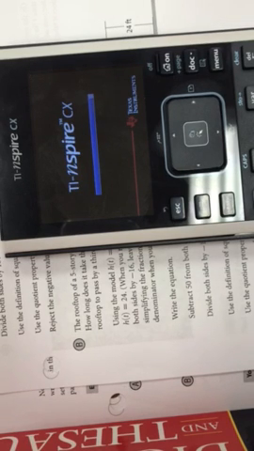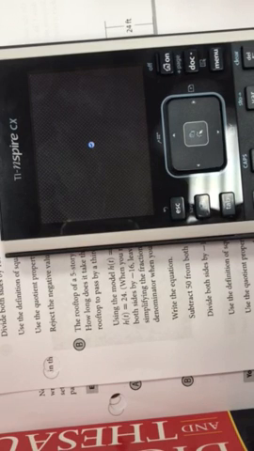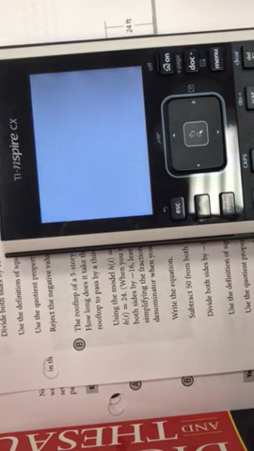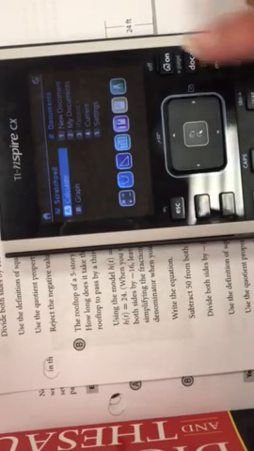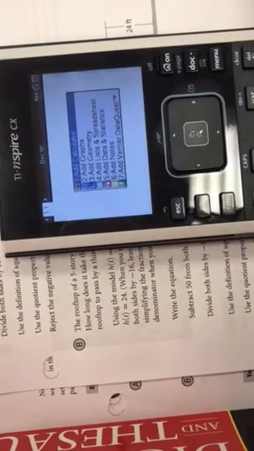Almost done. Thinking. Okay, I'm going to start a new document. No, I don't want to save the original one. I'm just doing a calculator, so I'm doing number 1.